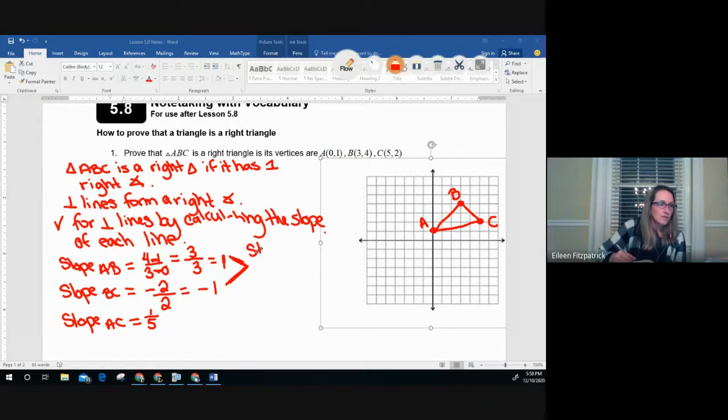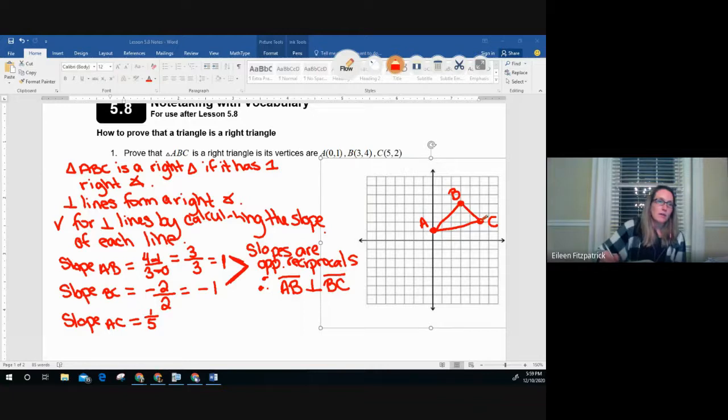So since my slopes are opposite reciprocals, therefore, segment AB is perpendicular to segment BC.